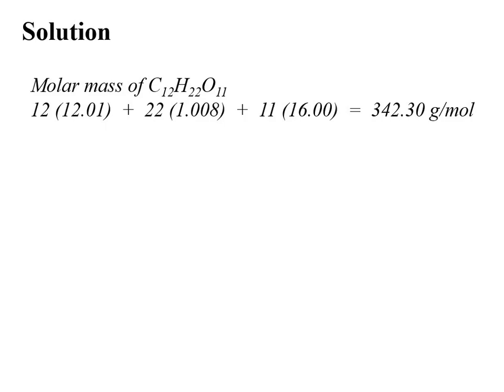You have to show this, no matter if you've got it right. So we're going to take 12 for carbon, 12 times 12.01, plus 22 times 1.008 for hydrogen, plus 11 times 16.00 for oxygen. And that's a honkin' heavy molecule.